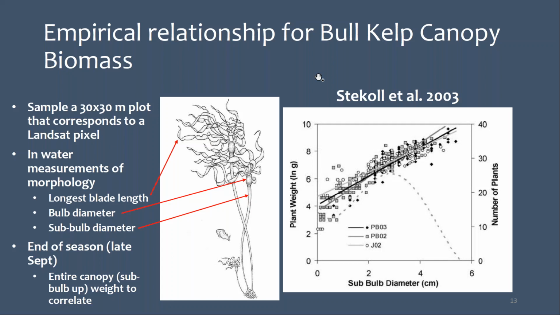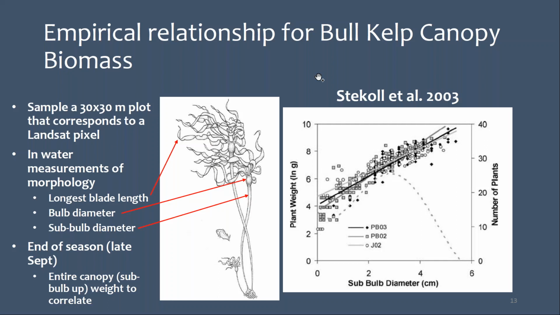Spector et al. measured several morphological characteristics of bull kelp, including the longest blade length, the bulb diameter, and the sub-bulb diameter, and found that the sub-bulb diameter was the best predictor of total plant weight. Basically they collected hundreds of plants and weighed them throughout the growing season.